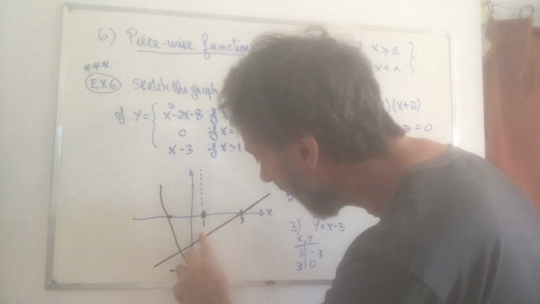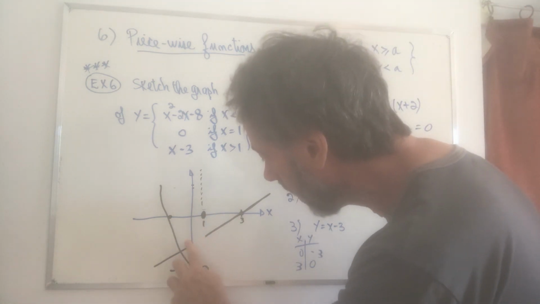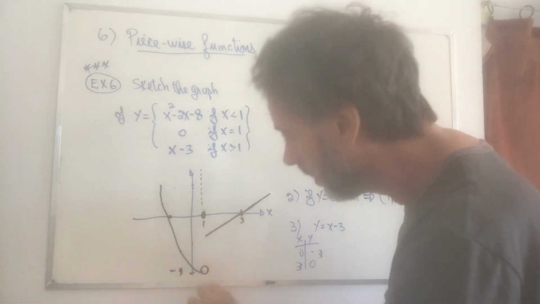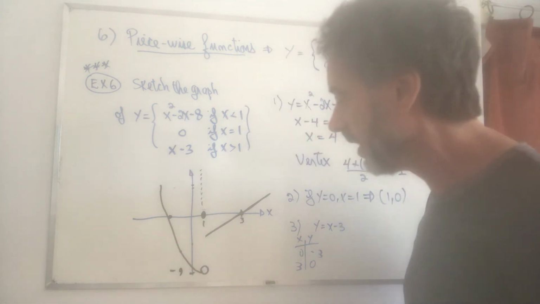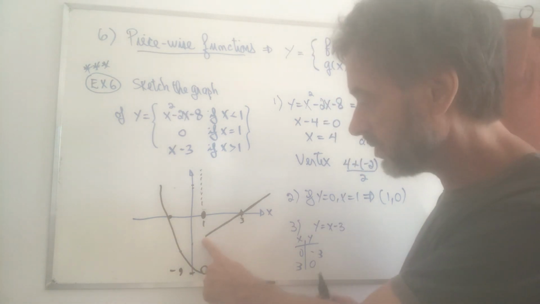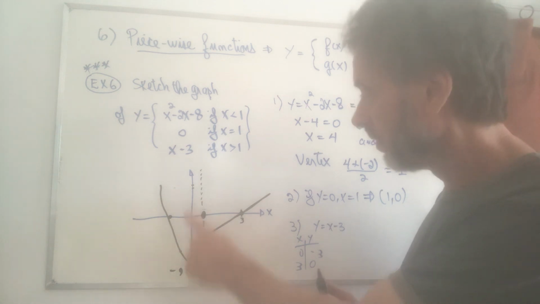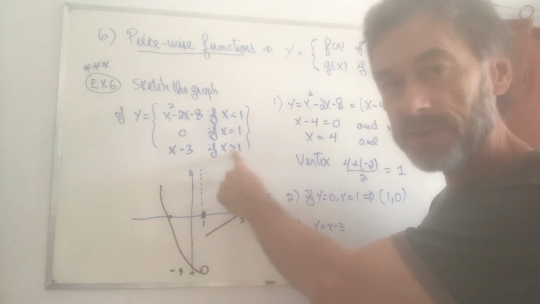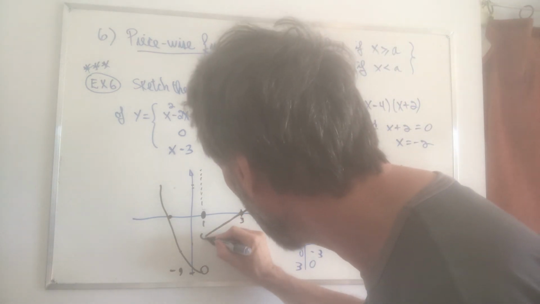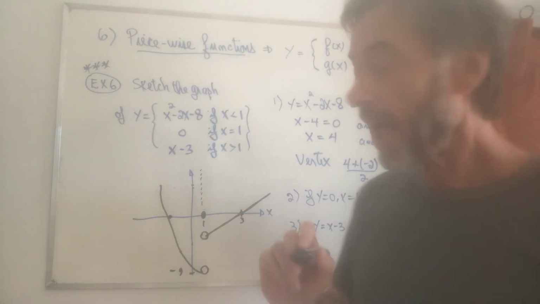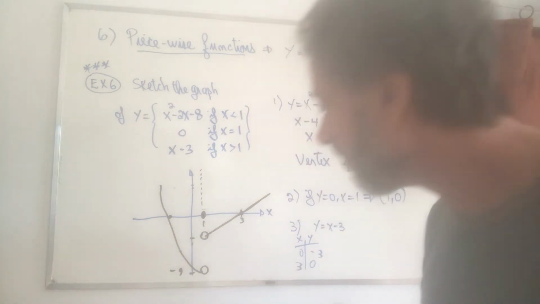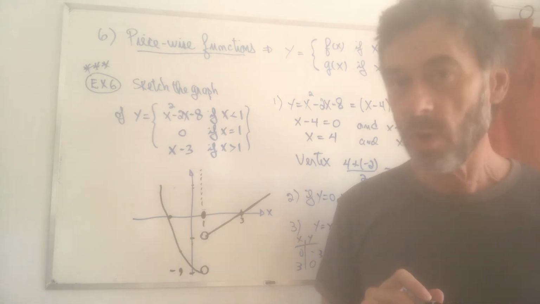So what's on the left is gone. My magic finger erases all this. And then the question arises, what is this point? Is it a closed point or is it an open point? Well, I look at my piecewise and it says strictly greater than 1, not equal to, so that is an open point. It will actually be of interest later on to know the y value that corresponds to this open point.